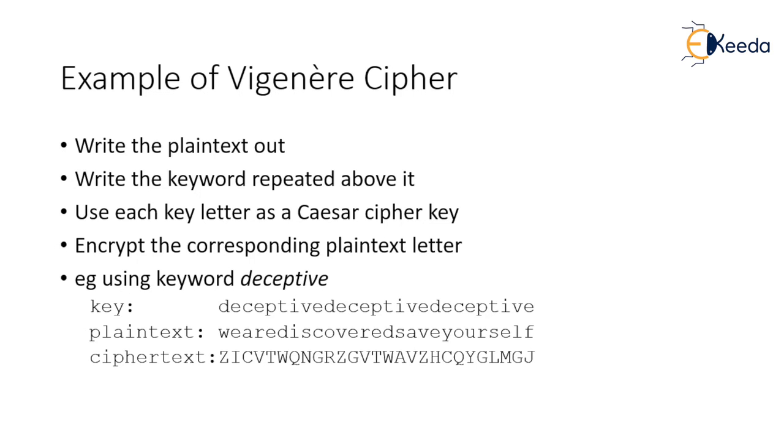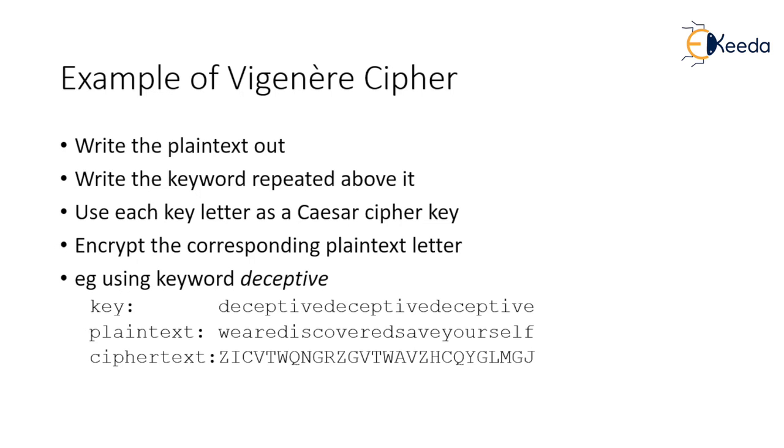The keyword has 9 letters, which is less than the length of the plain text message. For this reason, we have to repeat this keyword so that the length of the key becomes the same as the length of the plain text. Here you can see that the keyword "deceptive" is repeated thrice to make it the same length as the plain text.